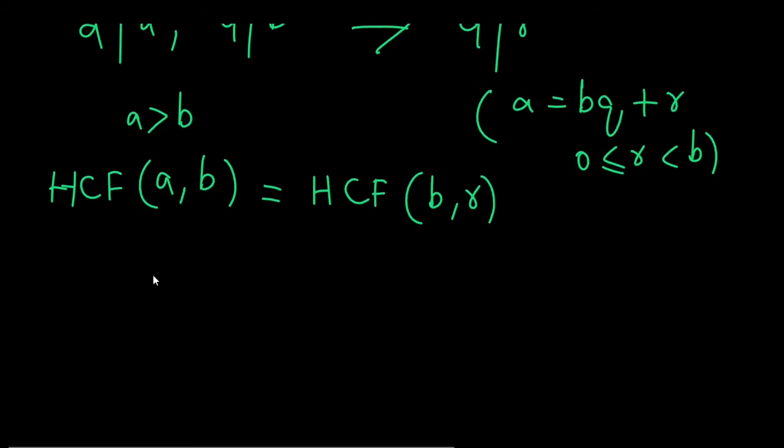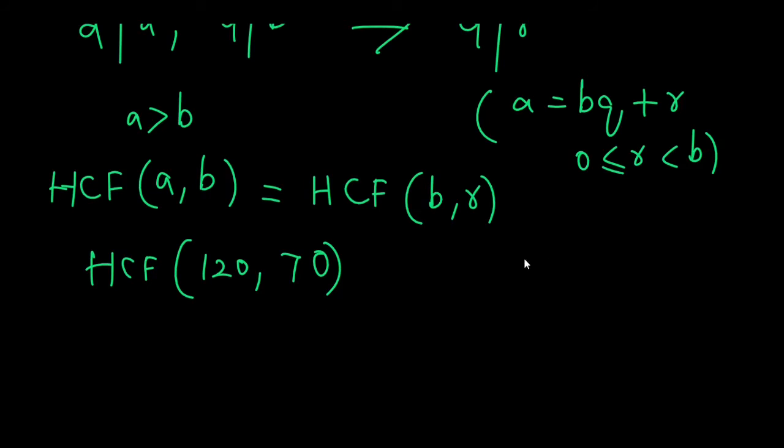Suppose we want to find the HCF of 120 and 70. So 120 can be written as 70 into 1 as quotient, plus R is 50.